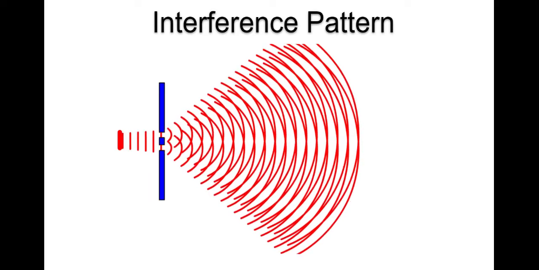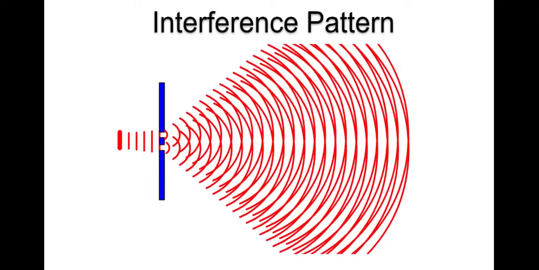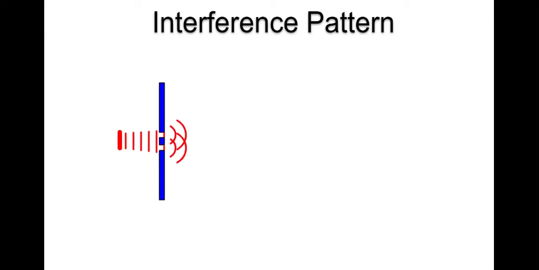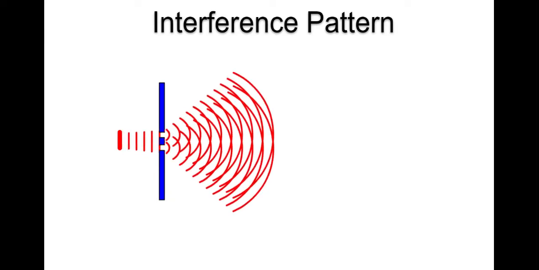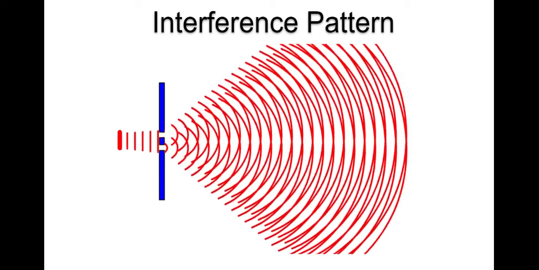And this little animation here shows us an interference pattern of some waves. So the red lines represent the crests of a wave. And you can see they are coming along from the left, colliding with a barrier and splitting into two parts.